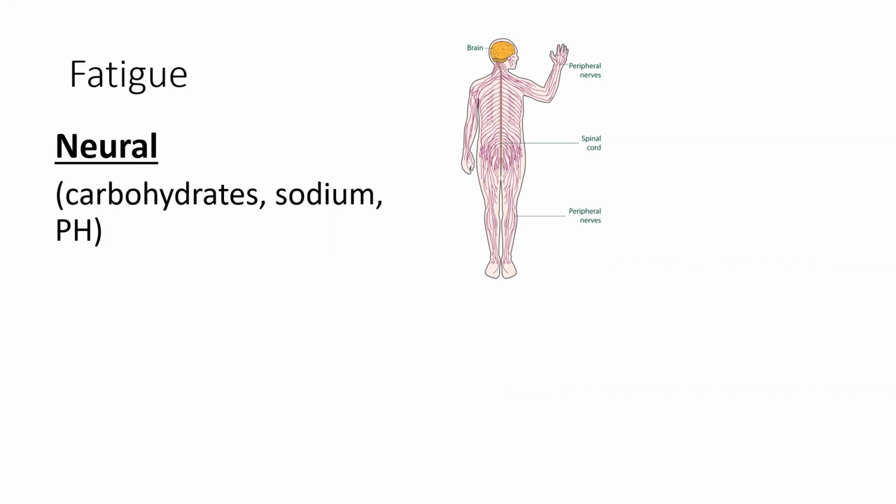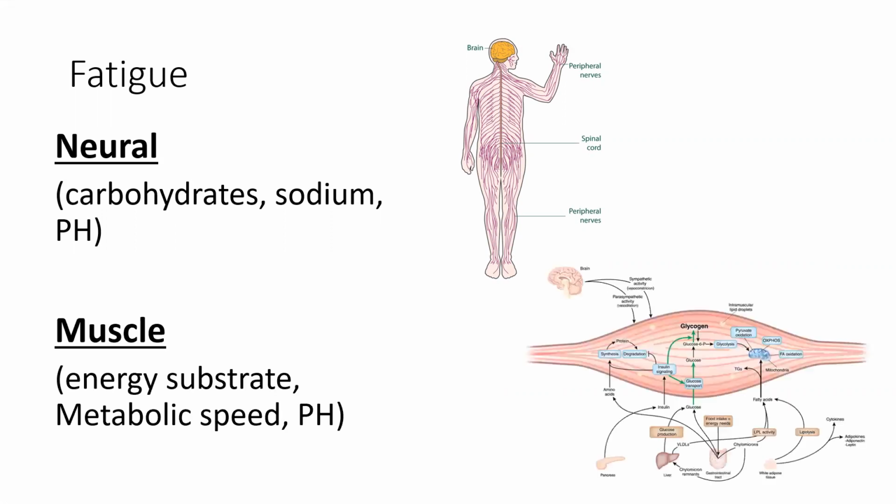It could be the availability of sodium. We know sodium is utilized in those nervous system connections within the muscle in order to stimulate muscle contraction, and pH. So the level of acidity within that tissue can affect that nervous system drive. Okay, so that's our first level of fatigue.